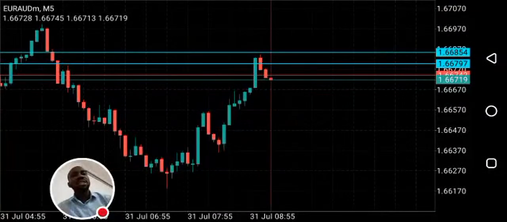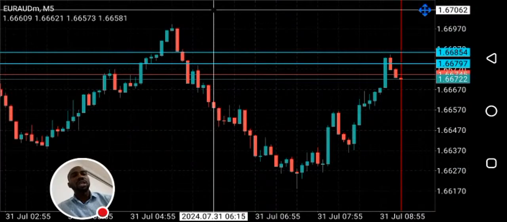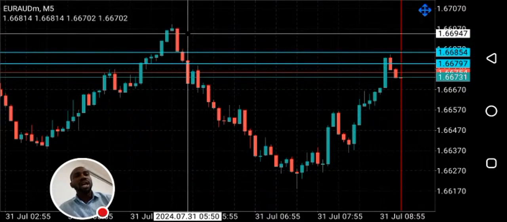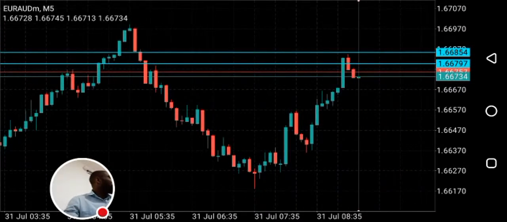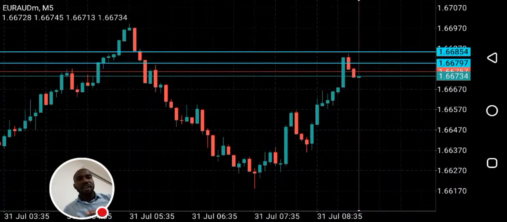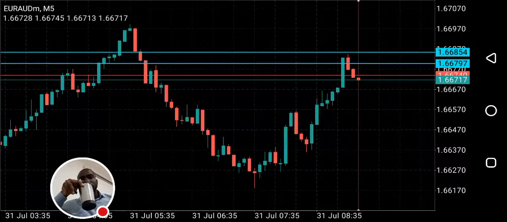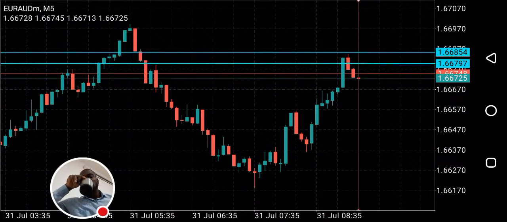That's why I advise that you set your stop loss far above the high of this candlestick, because there's a fair value gap here that is yet to be filled. If we go by 5 minutes, 5 minutes is set for sell. So if you're taking a sell on Euro, simply set your stop loss several pips above the high of that candle. I hope that is clear.